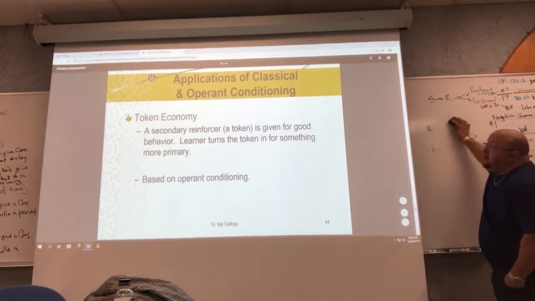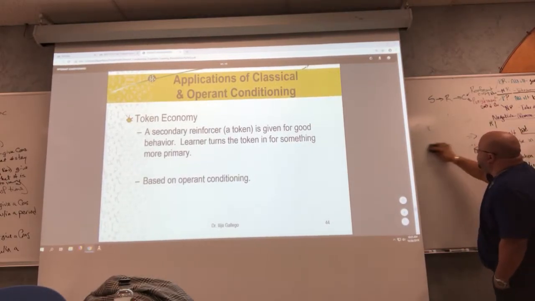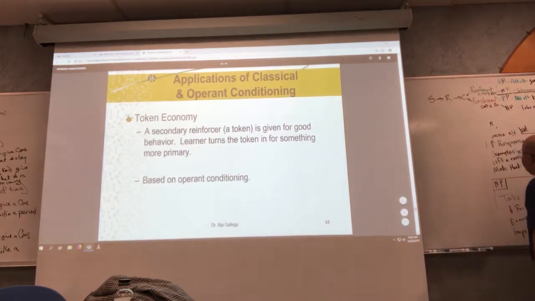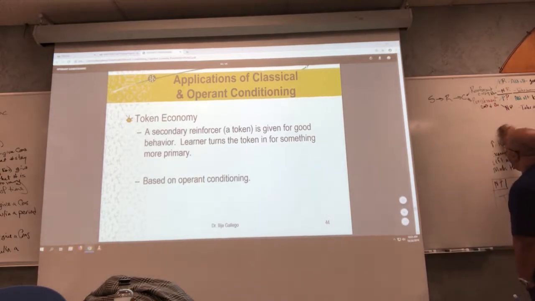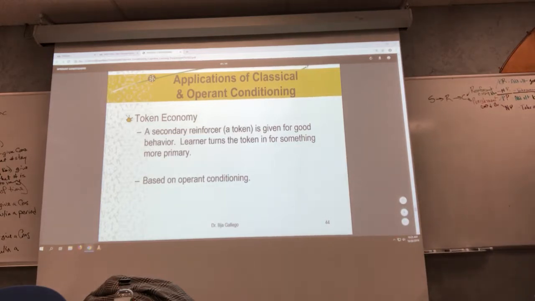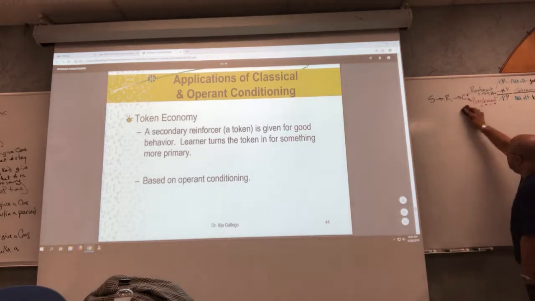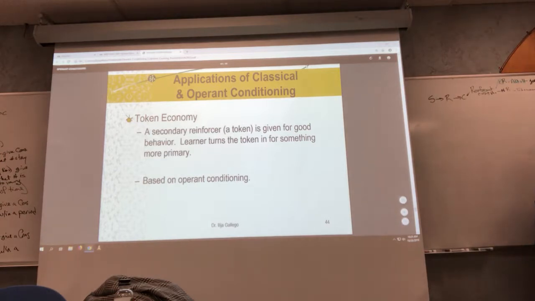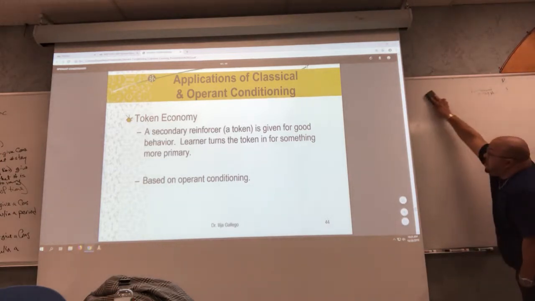Okay, so you give a secondary reinforcer. It can be a token, a chip, a point on the board, a sticker on a piece of paper, whatever. You give this secondary reinforcer, and the person is later able to trade it in for something that they like or something that's more reinforcing. The best example of this is money, of course. In our society, money is useless unless we can trade it in.